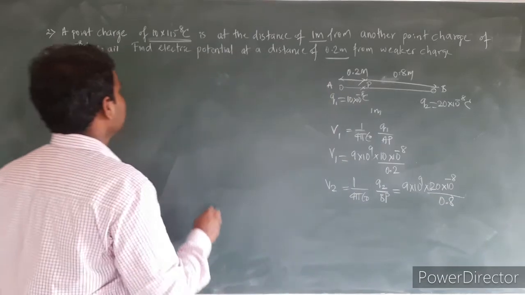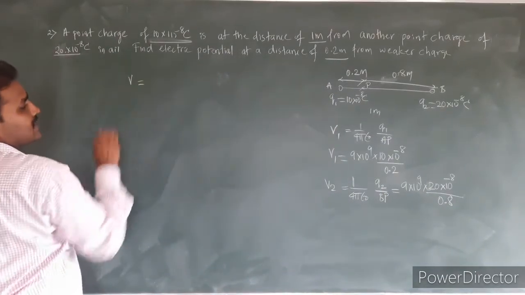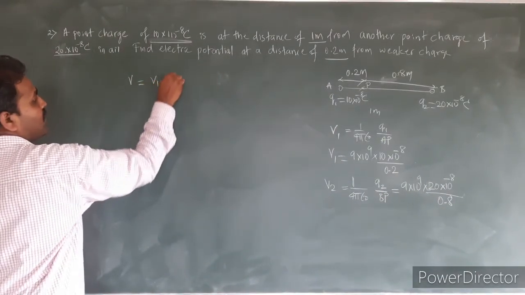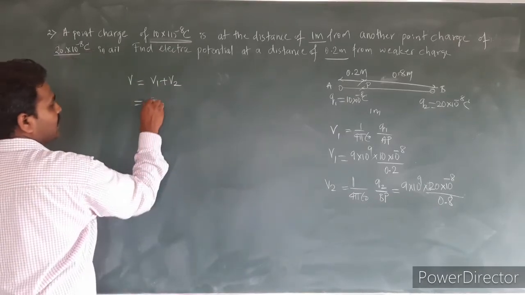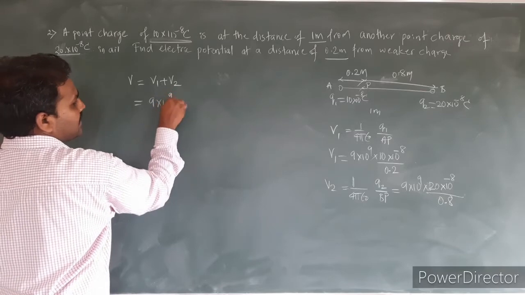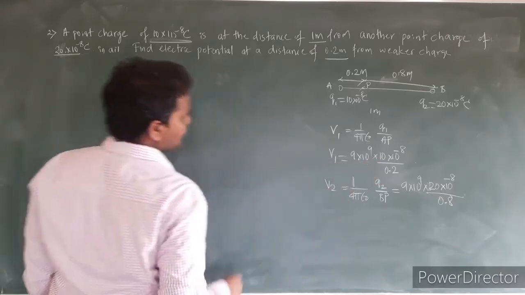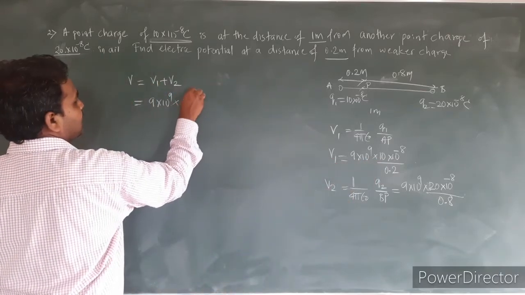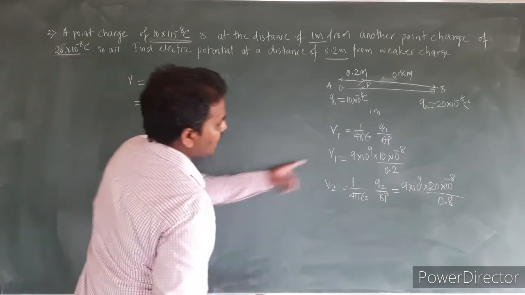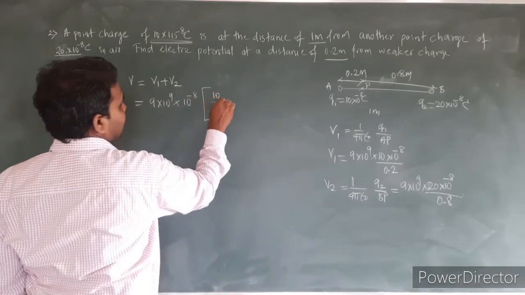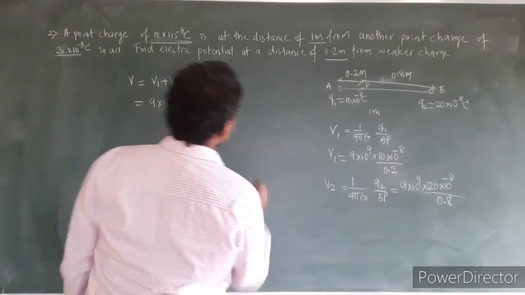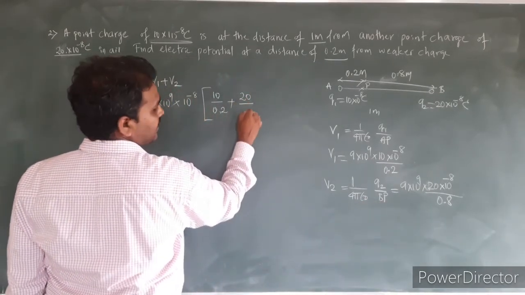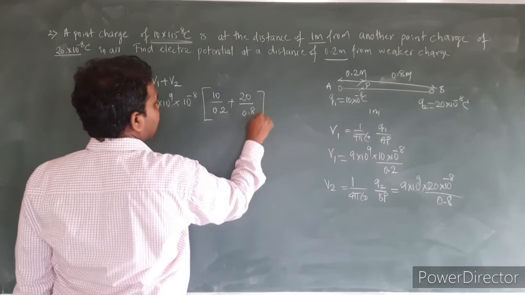And the effective potential is equal to V1 plus V2. Let me add the values here. 9 into 10 to the power of 9 into 10 to the power of minus 8 is common for both. I take them outside. Inside the bracket I will write 10 divided by 0.2 plus 20 divided by 0.8.